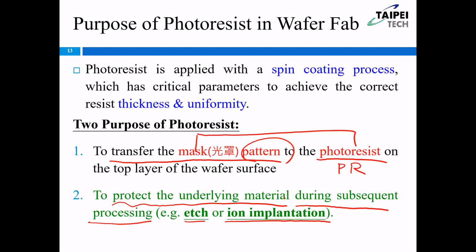After we do the photolithography, the next processing step will be etching or ion implantation. So the purpose of the PR is to protect the underlying material, like the silicon dioxide, the gray region we mentioned, during the next processing step. So that's the reason.